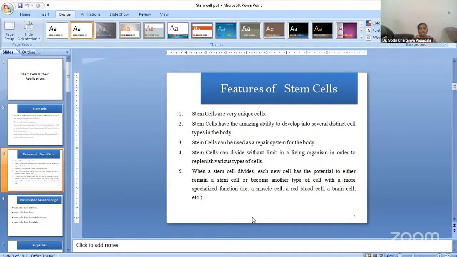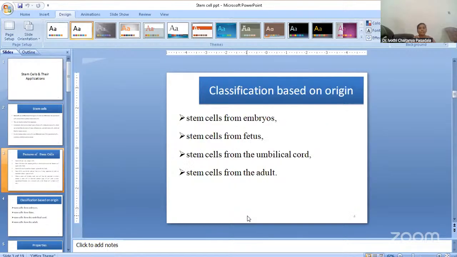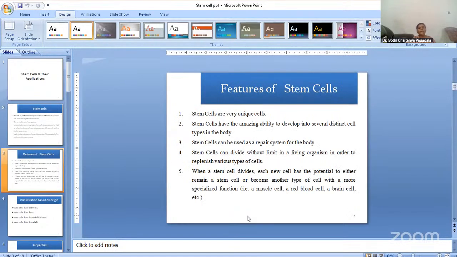So yes, there are some features of stem cells. Stem cells are very unique cells, having an amazing ability to develop into several distinct cell types that we already discussed. Stem cells can be used as a repair system for the body.